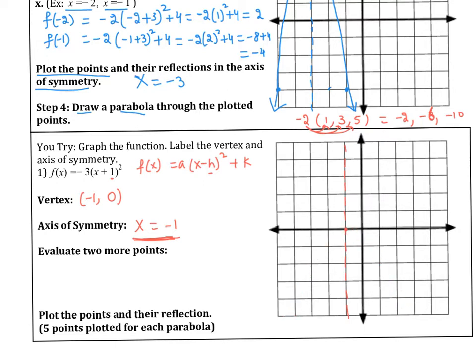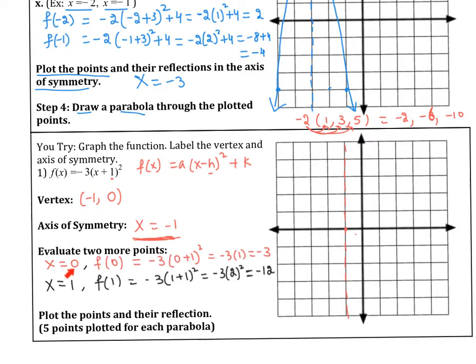It's going to be an open down parabola because of the reflection, the negative sign. Now I'm choosing the 2 points that are on the right of -1. I'm going to choose x = 0, which is this point, and x = 1.